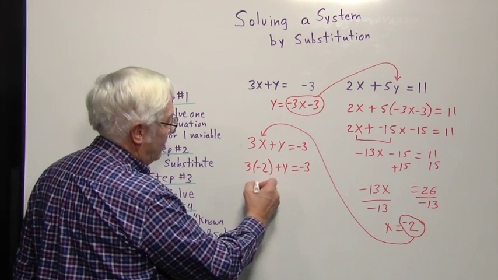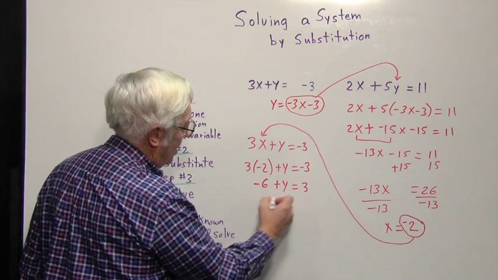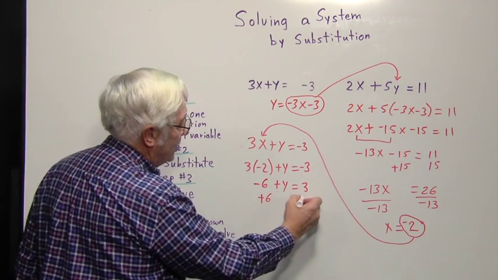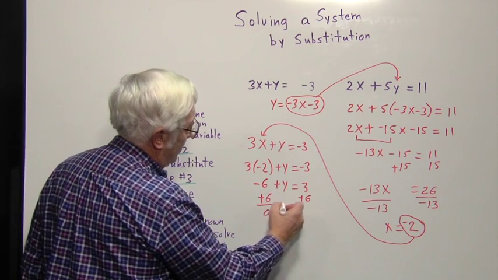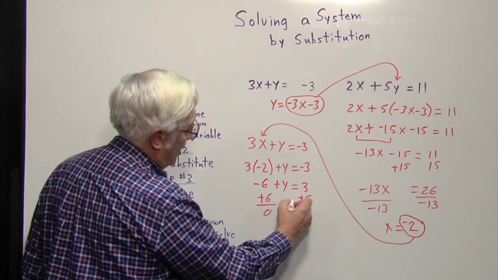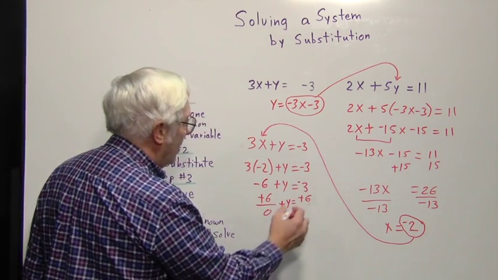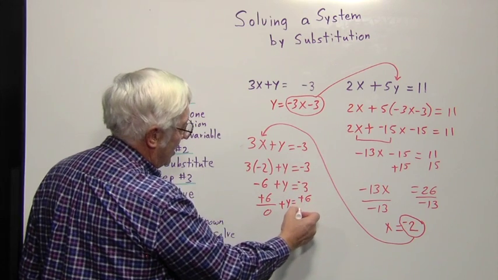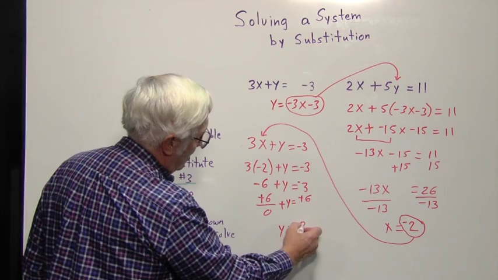We need to find the y also. So 3 times negative 2 is negative 6. We add 6 to both sides of the equation to isolate the y variable. And negative 3 plus 6 makes 3.